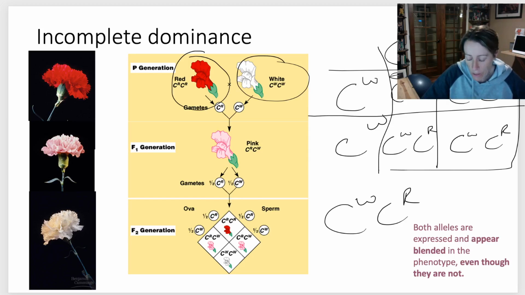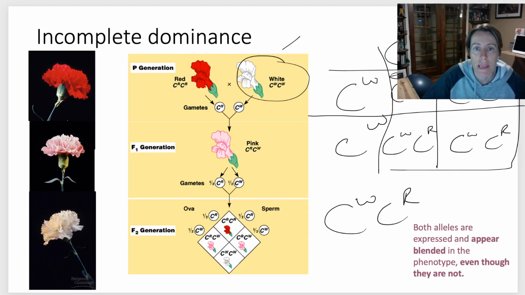What's happening here is if you can imagine that each allele is responsible for making, say, 1,000 molecules of protein in the petal. So if you have the CR allele, you can make 1,000 molecules of red. And if you have another CR allele, you can make another 1,000 molecules of red. So you're making 2,000 molecules of red. And that's why these petals look so very red.